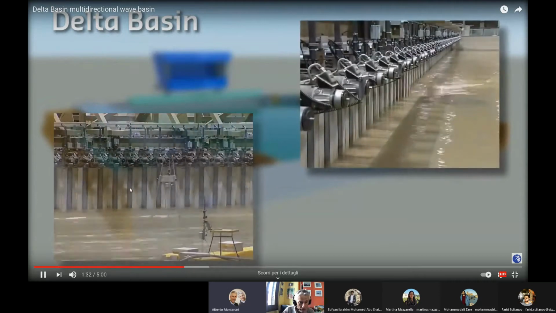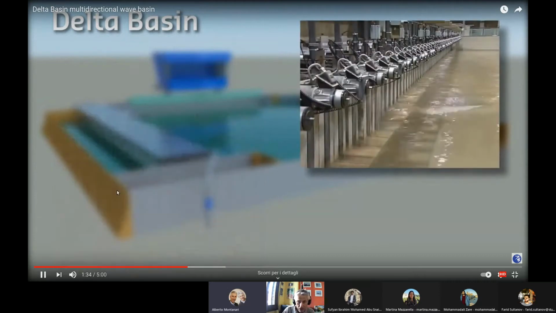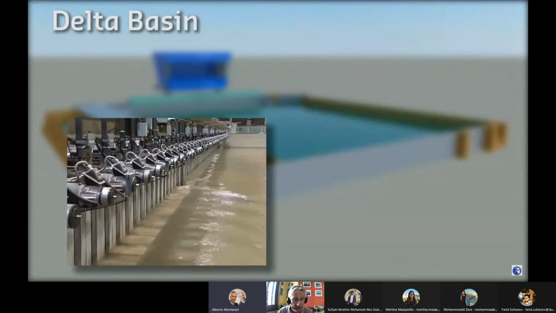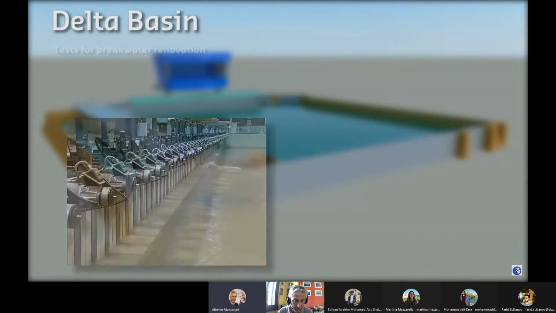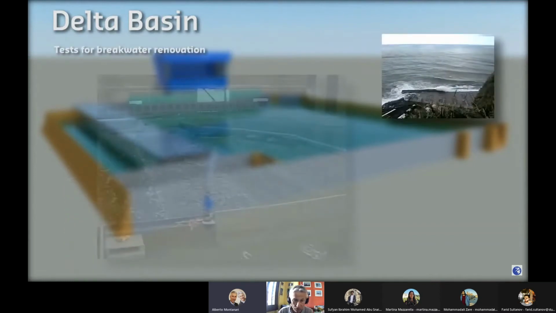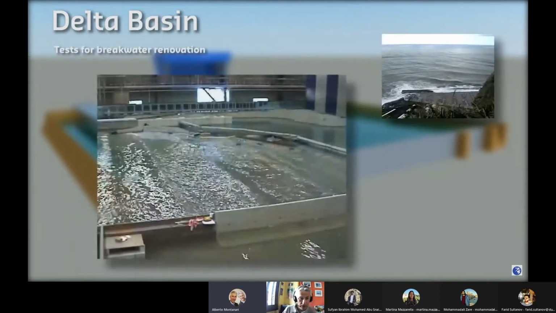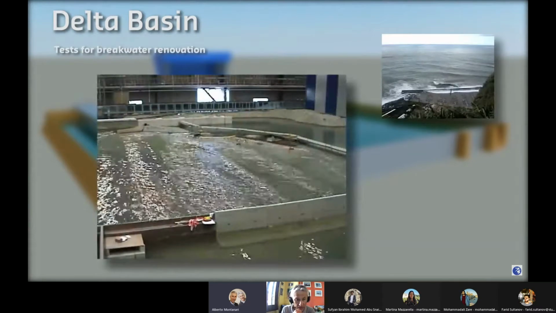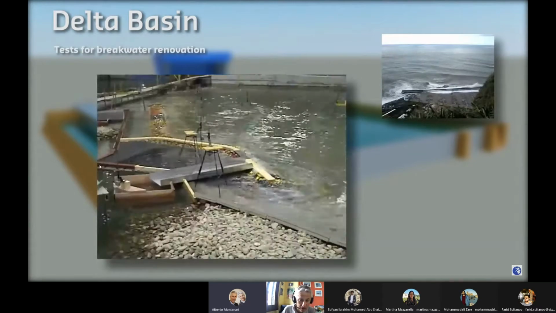Here you can see the wave generator that is generating these waves, and you see that they can generate several types of waves depending on how they organize the movement of the wave generator. And here you see they are testing a coastal defense structure.